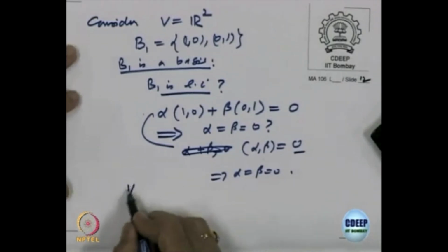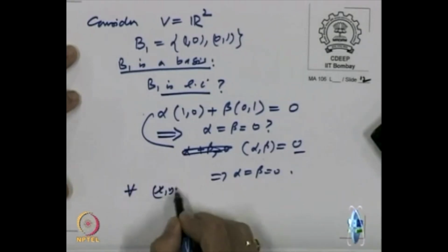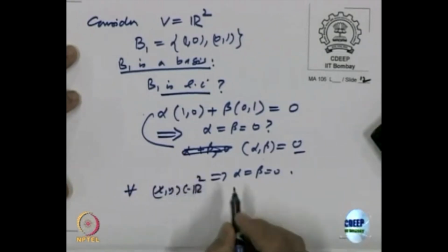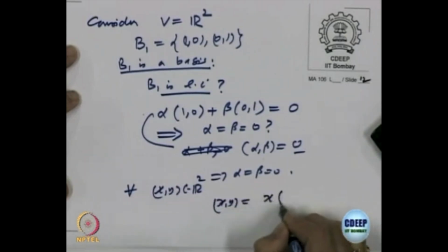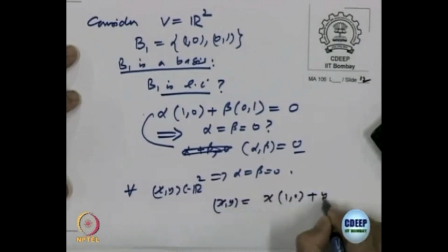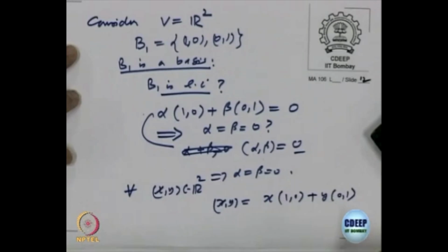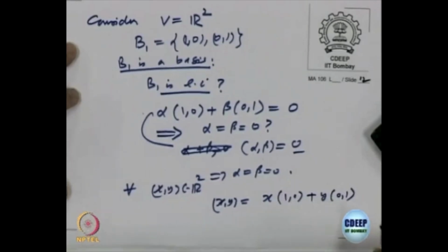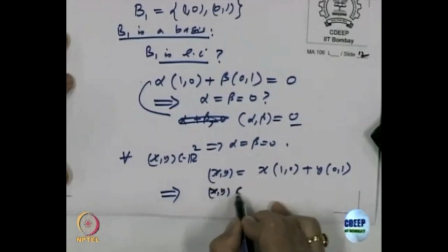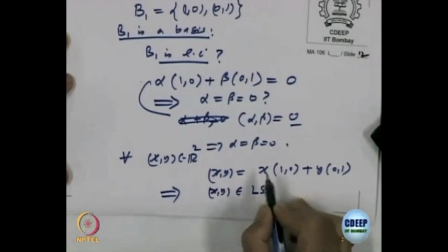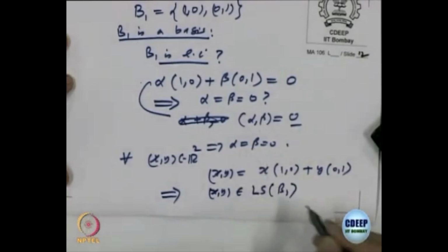Now for every (x, y) belonging to R2, I can write (x, y) equal to x times (1, 0) plus y times (0, 1). What does this imply? Any vector in R2 belongs to the linear span of B1.